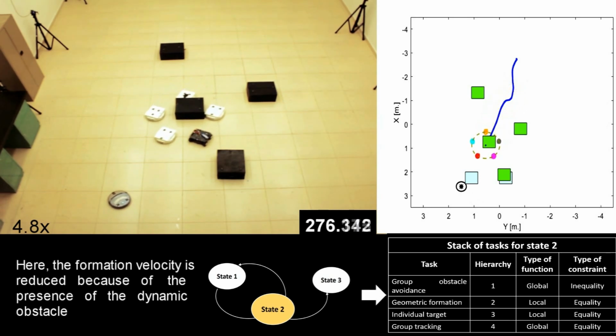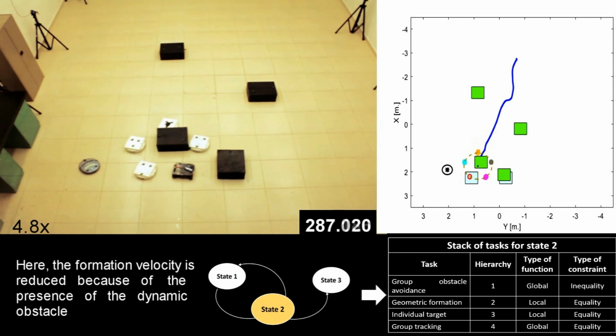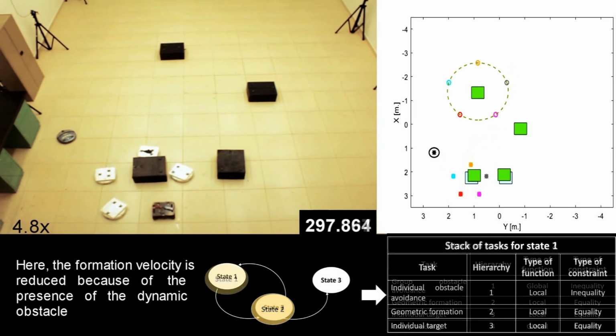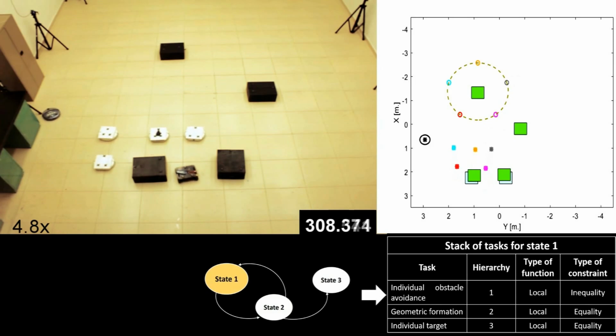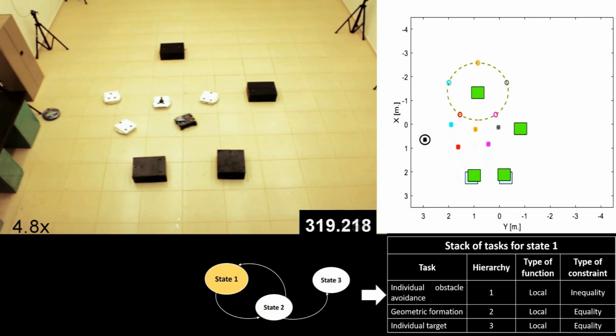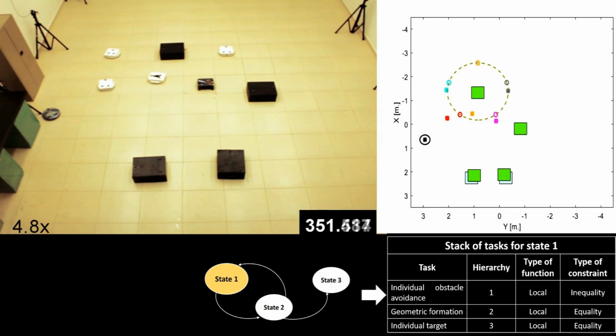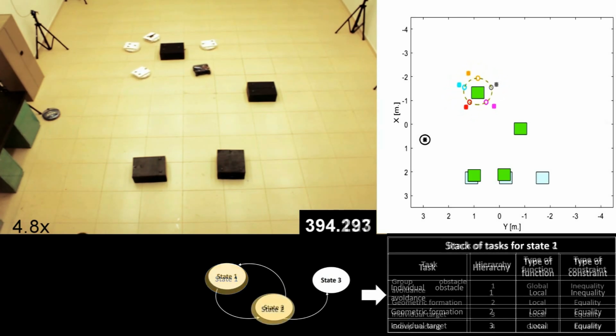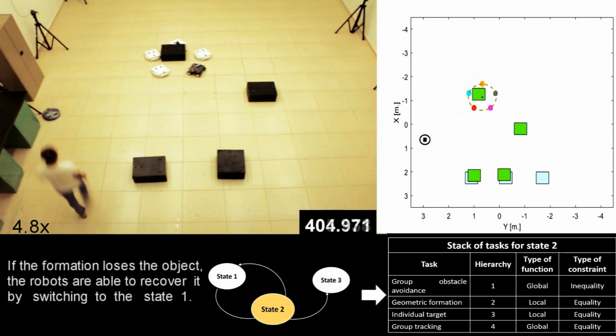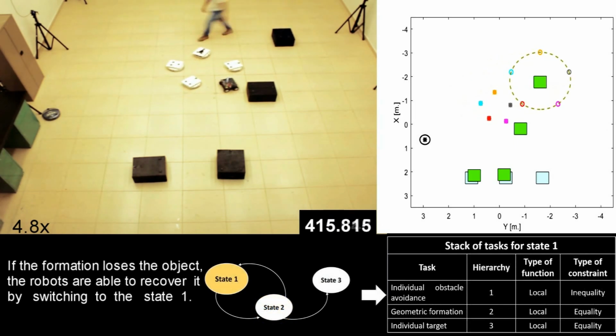Here, the formation velocity is reduced because of the presence of the dynamic obstacle. If the formation loses the object, they are able to recover it by switching to state 1.